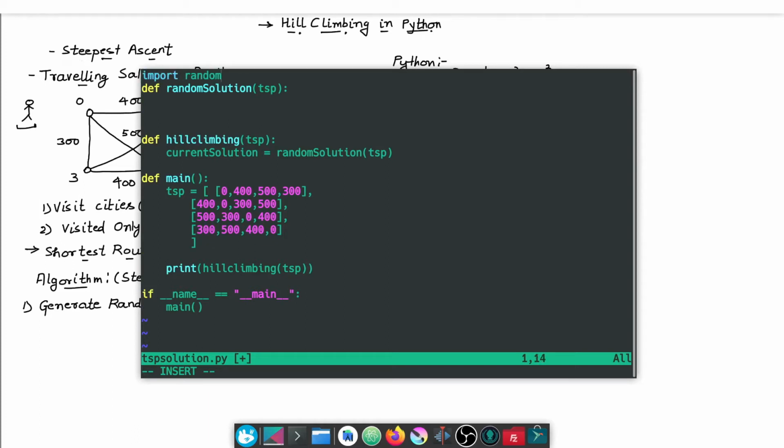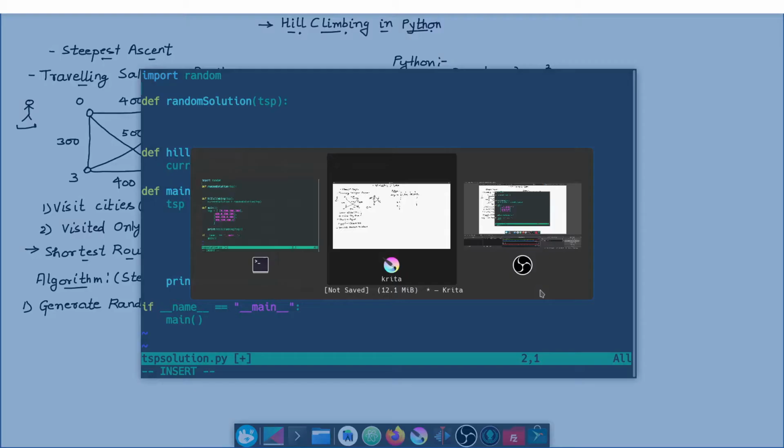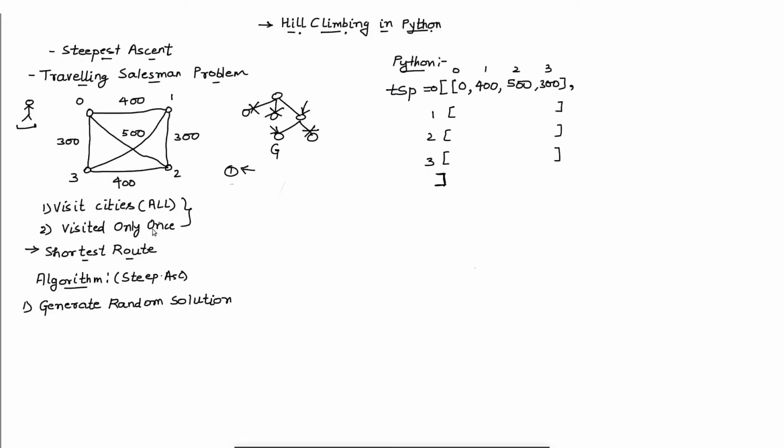First of all, I'm going to import a random library which is used to pick up the random cities. Now the idea is that if we want to pick up a random solution, we will pick up some random cities from this problem space, and we will add them to the random solution. So let's say we picked up the first city as 2, and then let's say 0, then 3, and then 1.